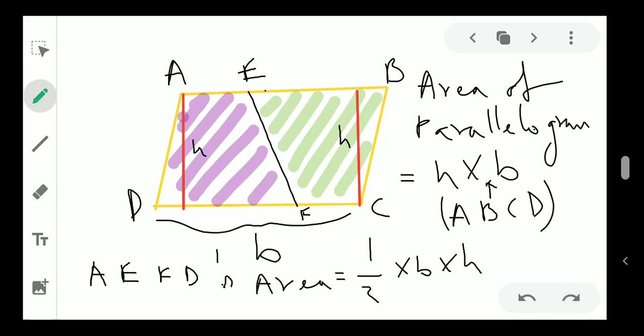So you can see that this big B is made of two bases. This is B1, which is this much, and this is our B2, which is this much.